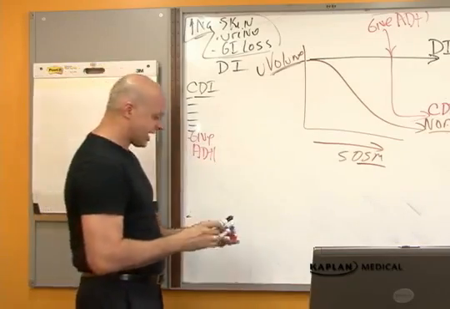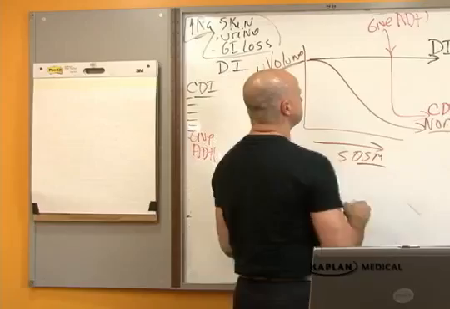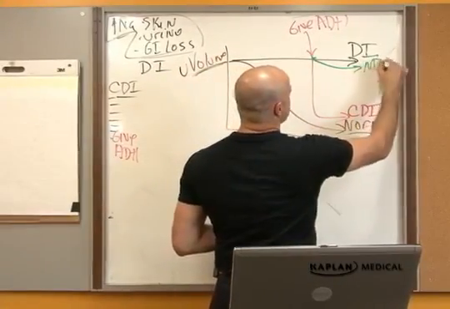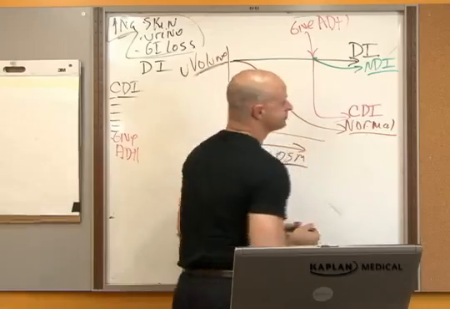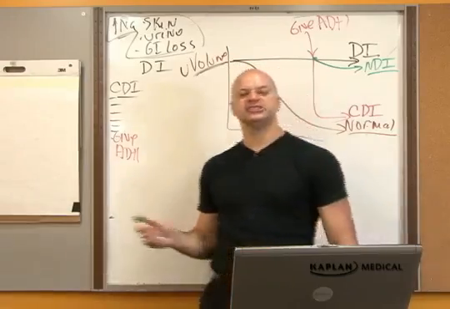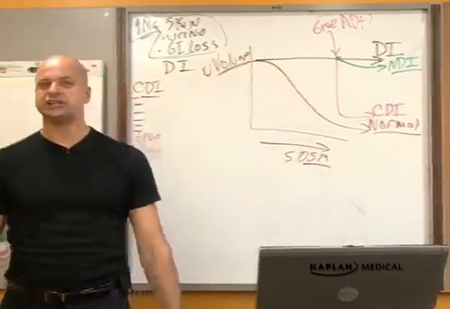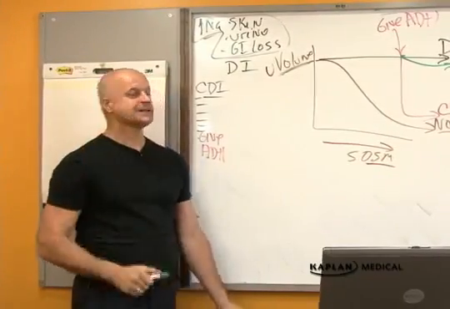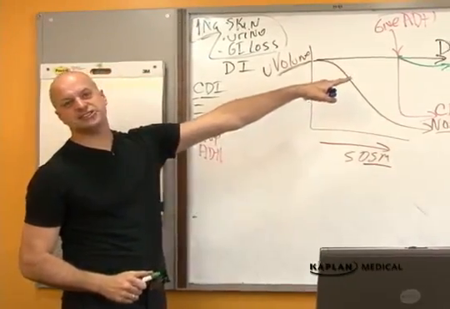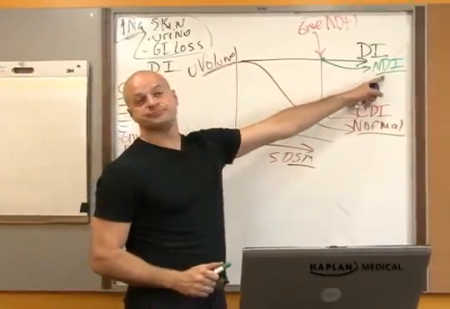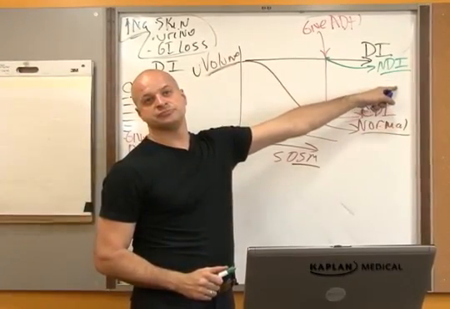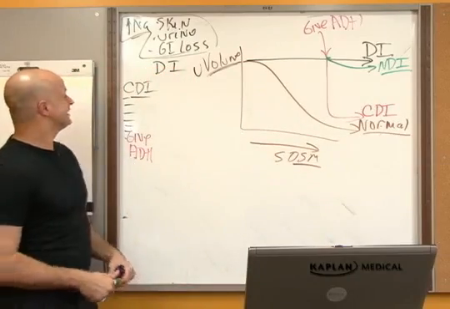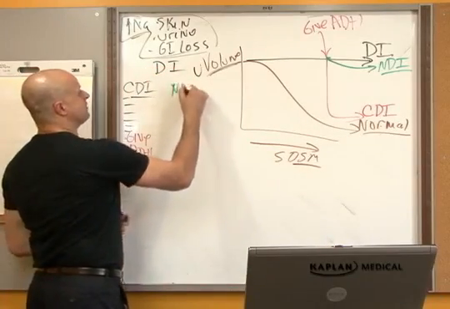Now, nephrogenic diabetes insipidus: you give them antidiuretic hormone and the urine volume does not change. Nephrogenic diabetes insipidus is a tough thing.